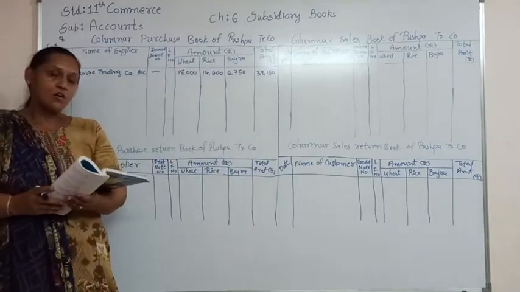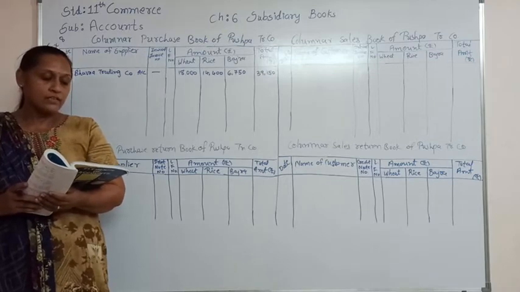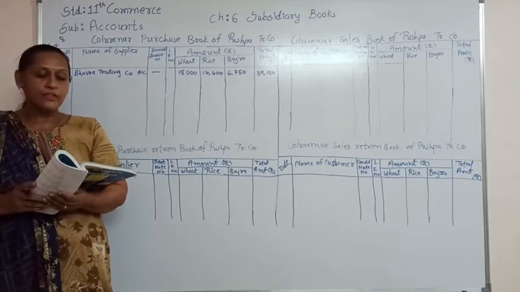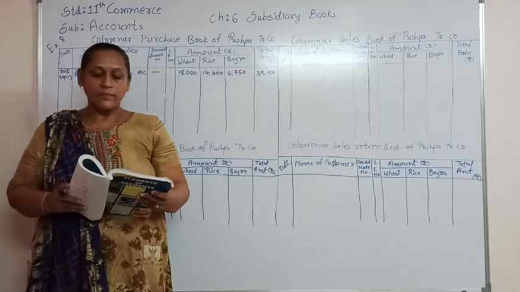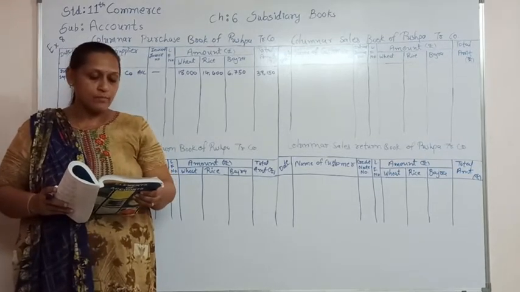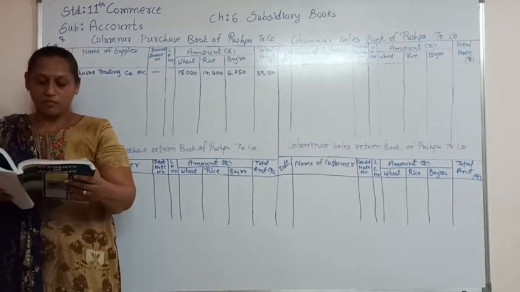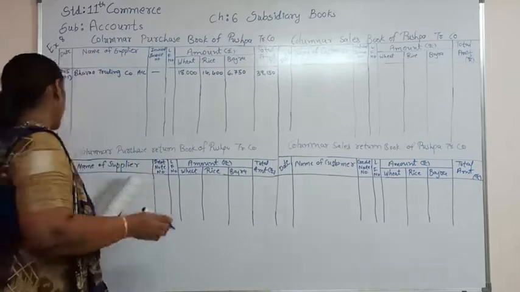Now let's see date 3rd. Purchase from River Traders of 500 kg wheat at rupees 25 per kg, 300 kg of bajra at rupees 12 per kg on 1 month credit, and invoice number 223. So again we have made a purchase.